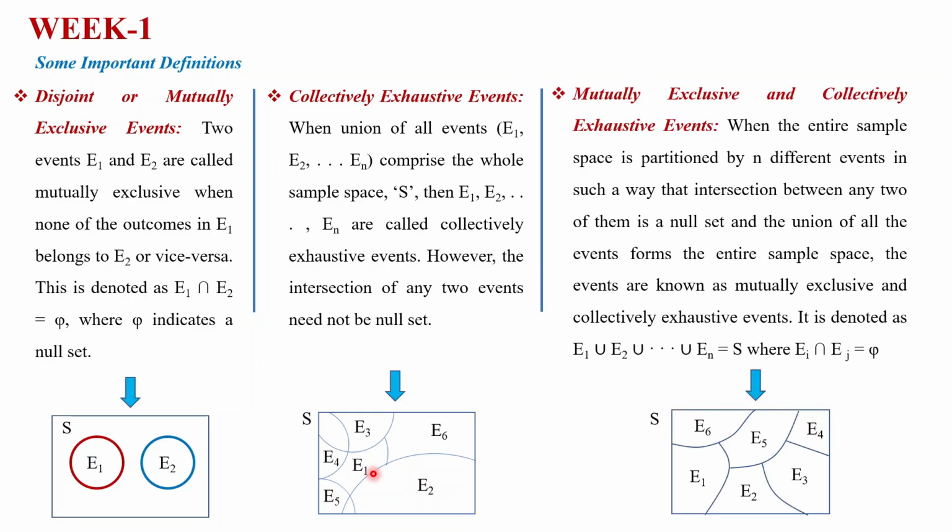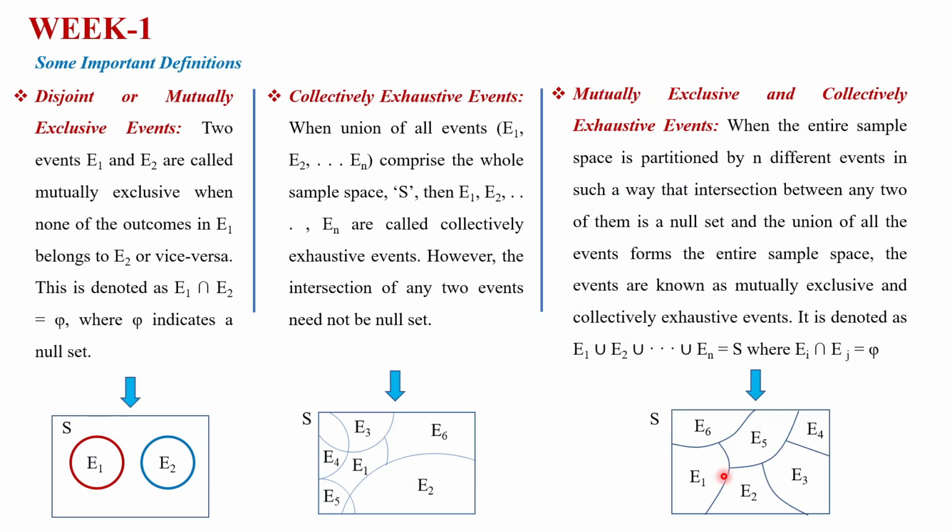And when we combine these two, that is mutually exclusive and collectively exhaustive, then the entire sample space consists of events that are mutually exclusive, that is, they have no common outcomes. Like in this figure, E1, E2, E3, E4, E5, E6 make up the sample space S, and they do not have any common outcome.